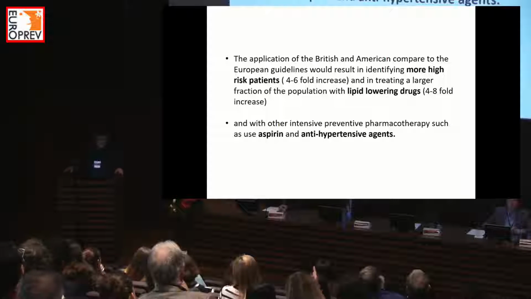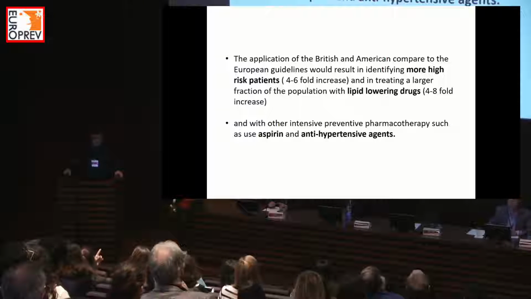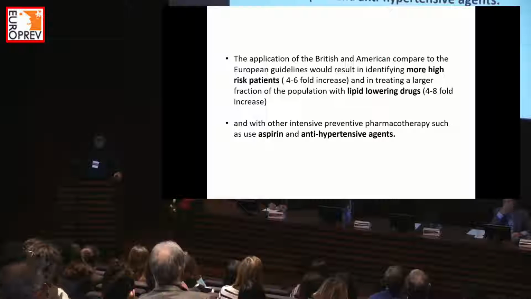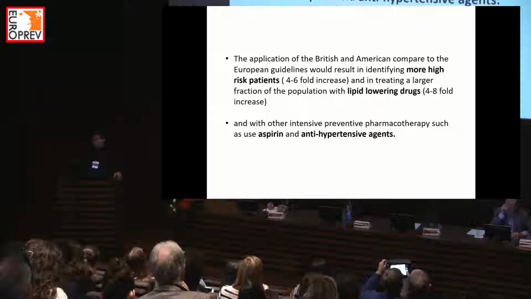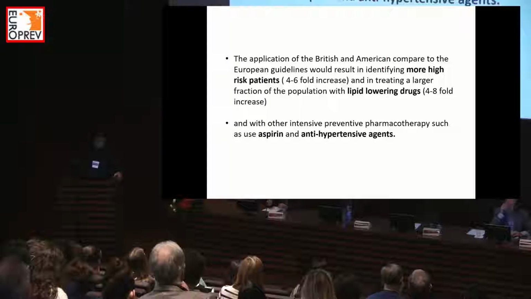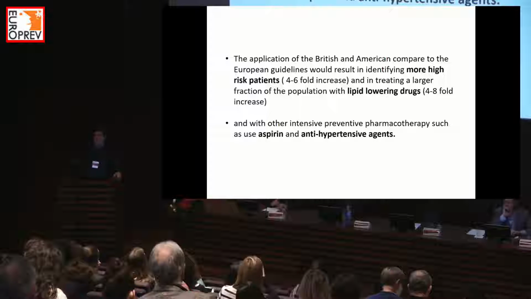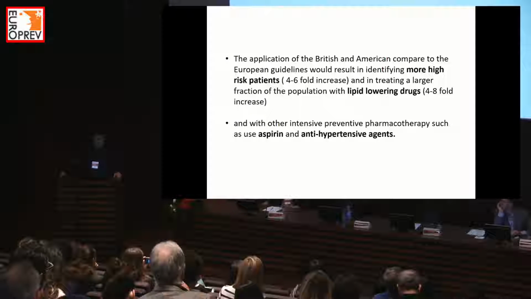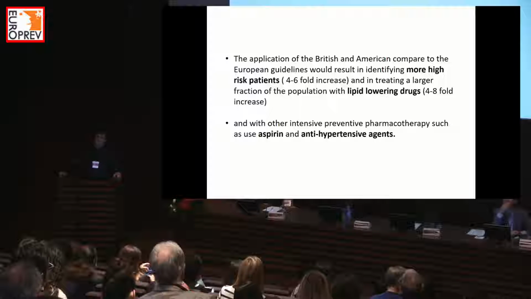So in conclusion, the application of the British and American guidelines compared to the European guidelines would result in identifying more high-risk patients, a 4- to 6-fold increase, and in treating a larger fraction of the population with lipid-lowering drugs, a 4- to 8-fold increase, and eventually with other intensive preventive pharmacotherapy such as aspirin or antihypertensive drugs. So it's important that we interpret estimated cardiovascular risk with caution in order to avoid overestimation of risk and overtreatment.